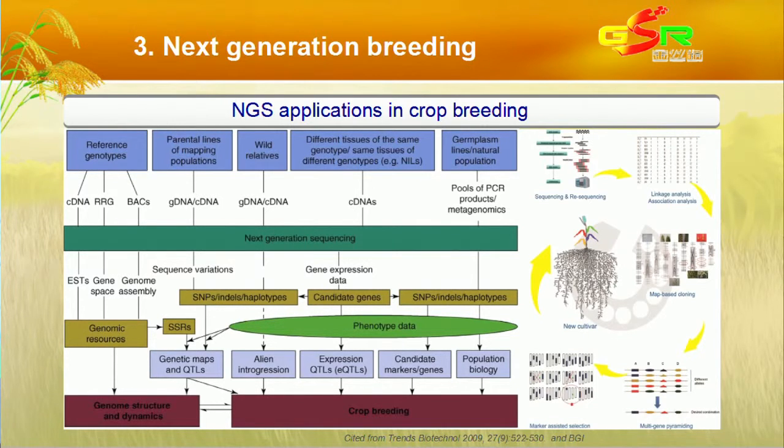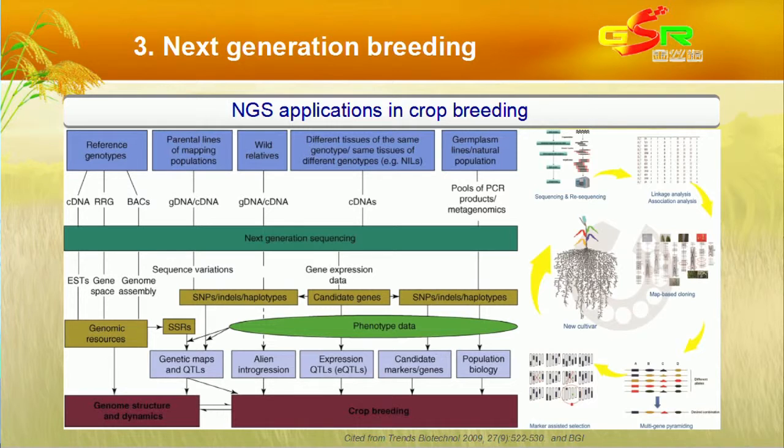The last section is the next generation breeding. Using next generation sequencing technologies, we can sequence an entire genome or transcriptome more efficiently and economically, and in greater depth than ever before.